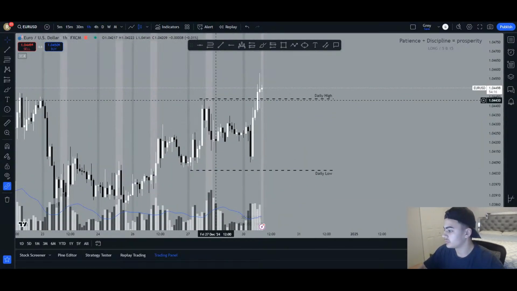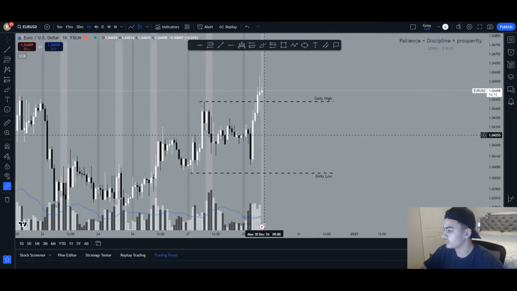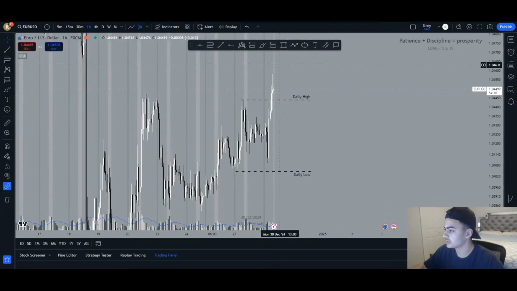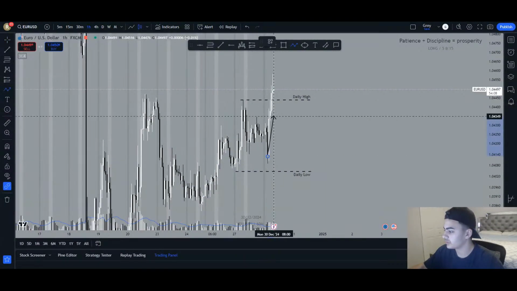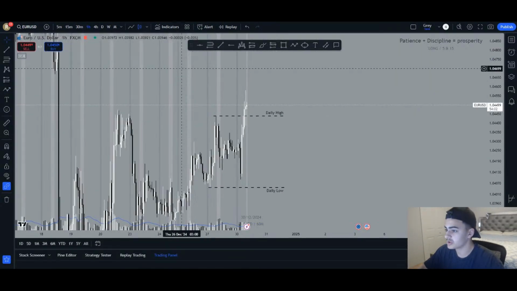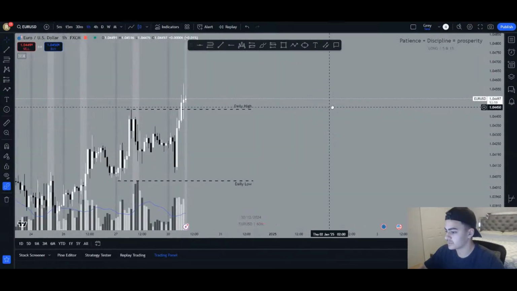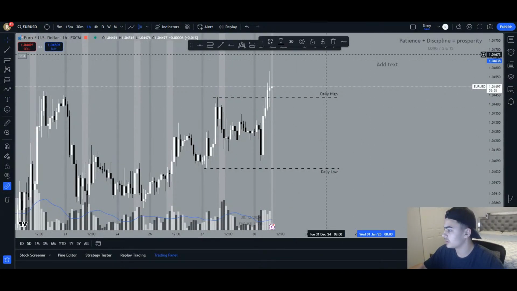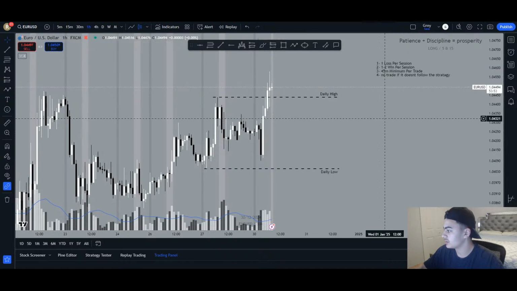Okay, so we saw that it's manipulating the daily high. I'm expecting for it to come down a little bit to then break the highs. So we're looking for a bullish day today. So in my 1 hour, I'm confirming that.